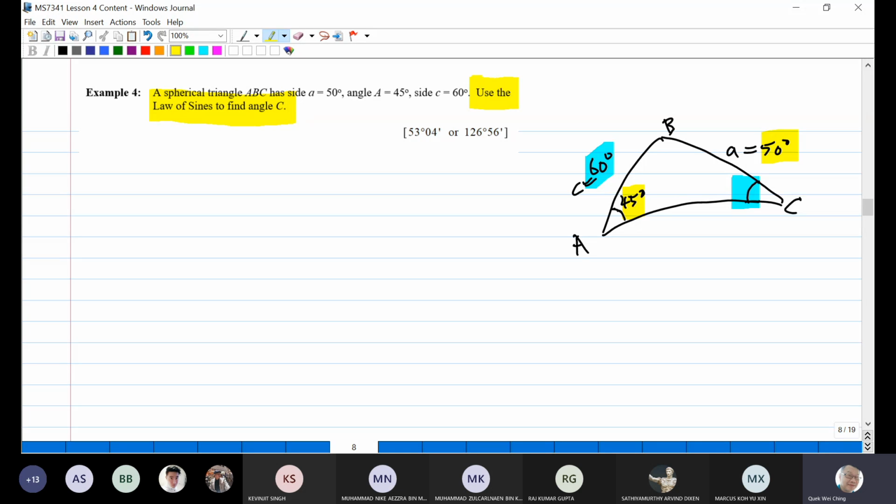Okay, use the sine law. So you write down the sine law here. This is sine of angle A over side A, because they're given A and side A here.